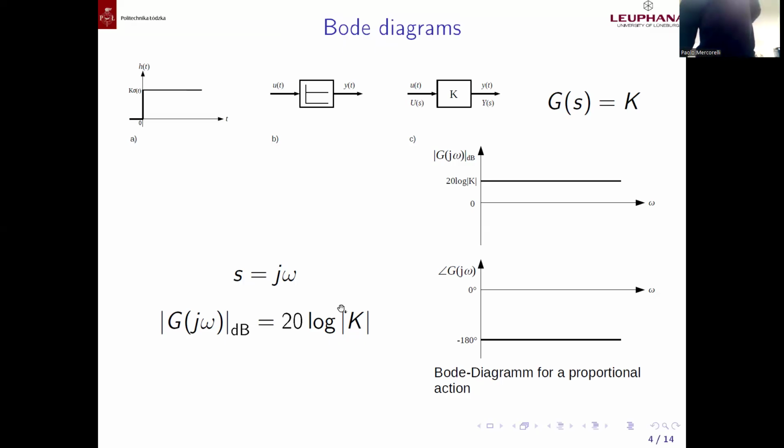Anyway, I have to calculate my transfer function at j omega, s equals j omega. This means we are considering the steady state analysis. Why that? Because if you remember the back transformation, S equals sigma plus minus j omega.